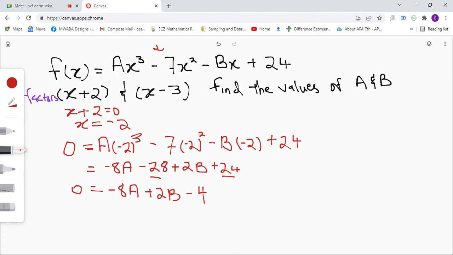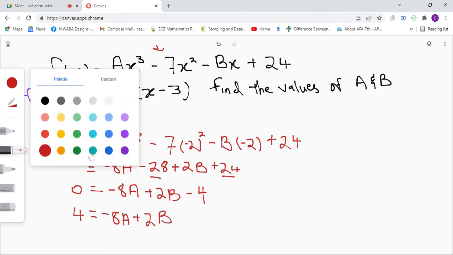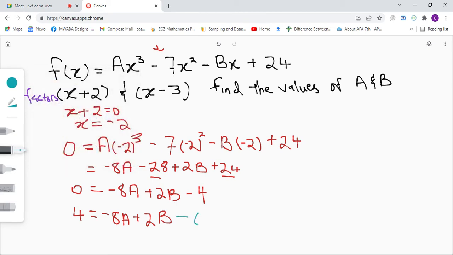Remember, we have 0 on our left-hand side, so we take negative 4 onto the left, it becomes positive 4. So we have negative 8a plus 2b equals 4. We're going to make this our equation 1.